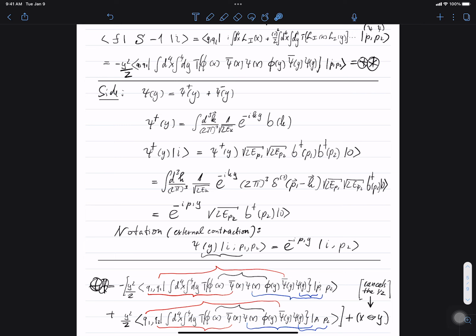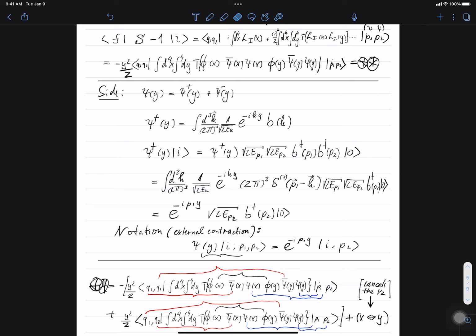So A and A dagger are the creators and annihilators of the quanta of phi, and B, C and their daggers are the creation and annihilation operators from the field modes of psi and psi bar, because they have twice as many modes. They always have a particle and antiparticle mode.